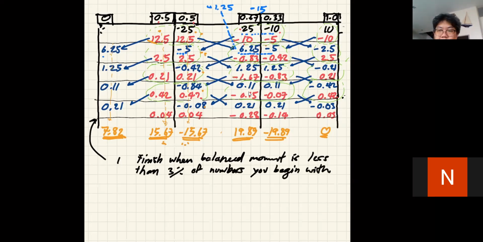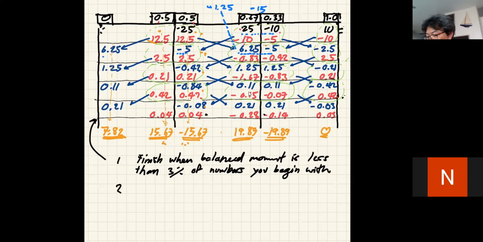So for those who do not carry out enough cycles, you will be deducted points significantly, because I'd say you don't recognize the importance of numbers. Okay, you need to try to bring this number down to within 3% of the original value here.